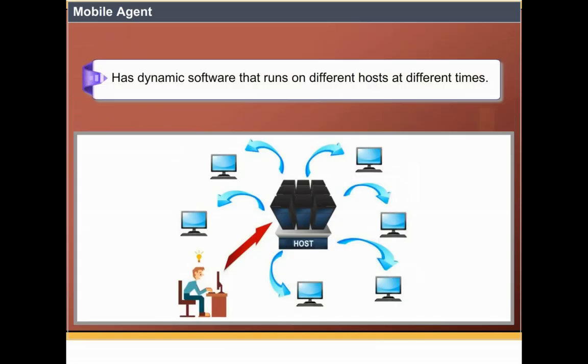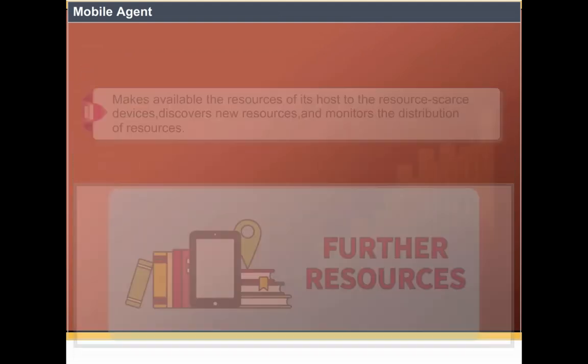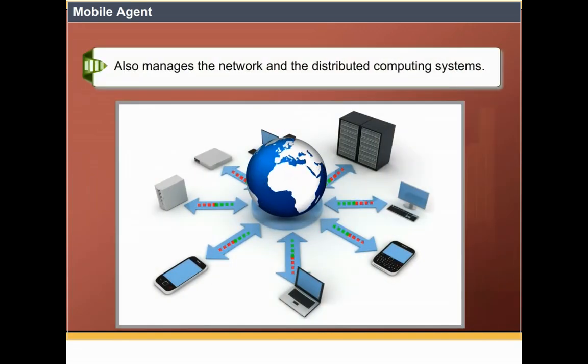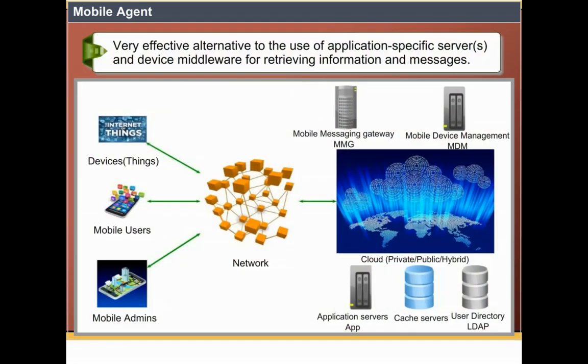Has dynamic software that runs on different hosts at different times. Makes available the resources of its host to the resource-scarce devices, discovers new resources, and monitors the distribution of resources. Also manages the network and the distributed computing systems. A very effective alternative to the use of application-specific servers and device middleware for retrieving information and messages.